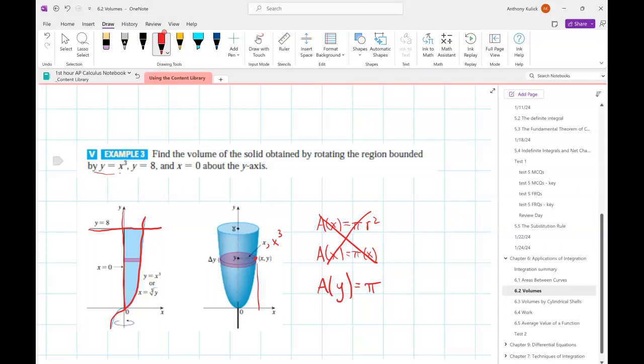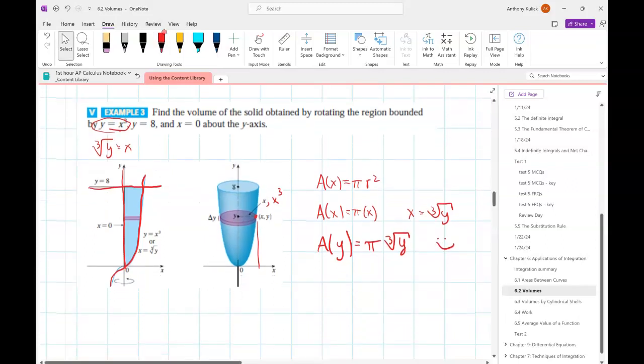So if I go back to my original equation and solve for x, I do the cube root of both sides, and I get that x is the cube root of y. So I can just plug that in for x. And now we're good to go.